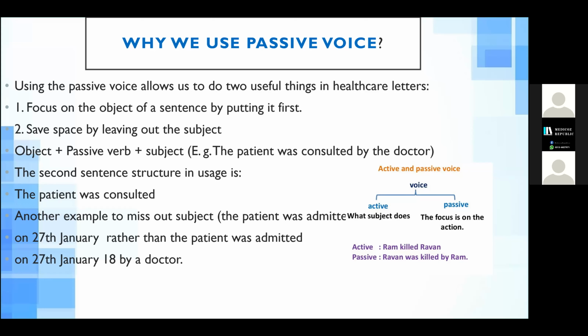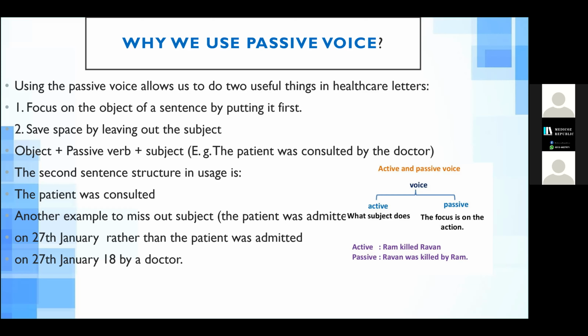The first type of sentence structure that we use in English is object plus passive verb plus subject. In the basic concept, it was subject, verb plus object. Now we have turned it over, and the object is at the top. For example, the patient was consulted by the doctor. How does this help us in OET?